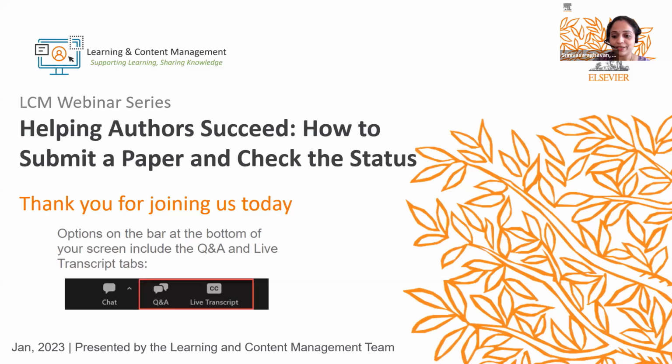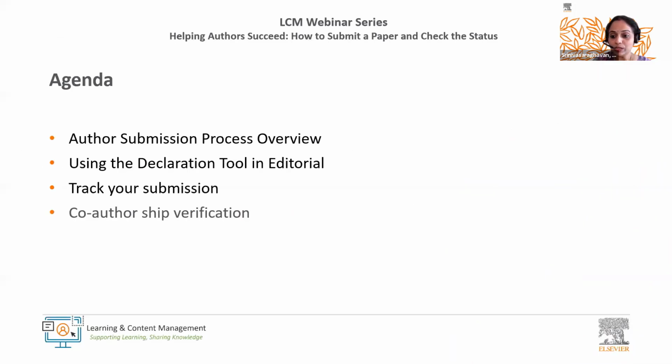So now let's take a look at the agenda for today. We will start by giving you an overview of the author submission process in Editorial Manager. Please note the steps may vary depending on your journal configuration and the type of article being submitted. And we'll also have a look at how to use the declaration tool when submitting a manuscript. Elsevier's declaration tool quickly and easily helps authors create a comprehensive statement which incorporates the ICMJE, International Committee of Medical Journal Editors, Declaration Standards.